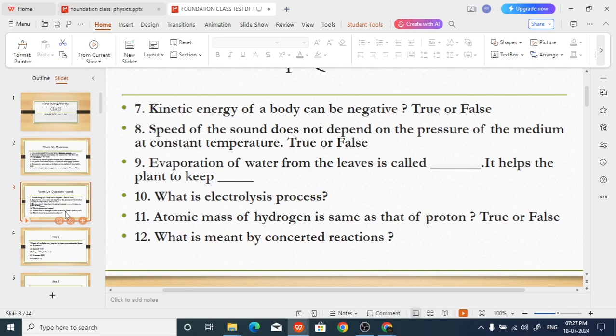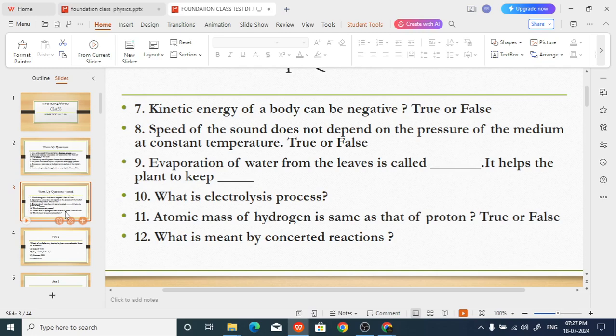Next. Atomic mass of hydrogen is the same as that of proton. Is it correct? Atomic mass of any atom is equal to what? Mass of protons and neutrons, sir. Yes, mass of proton plus mass of neutron. But they say the atomic mass of hydrogen is the same as that of proton.